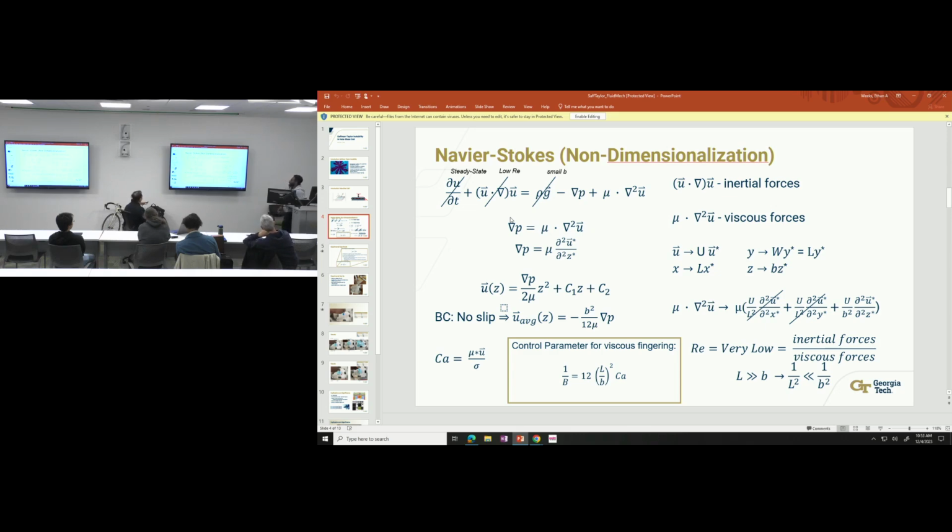Then taking the integral of that twice, we get this equation here using boundary conditions and no slip.